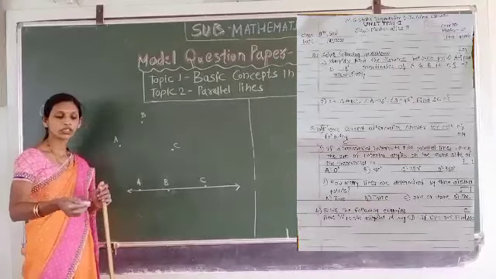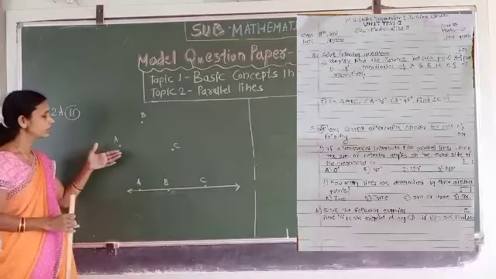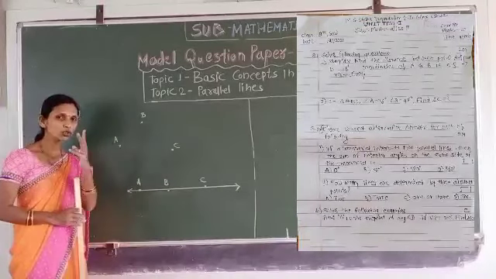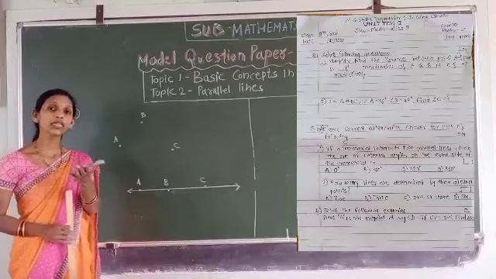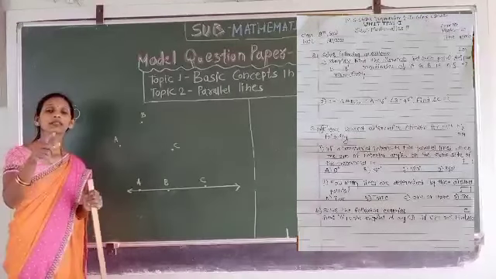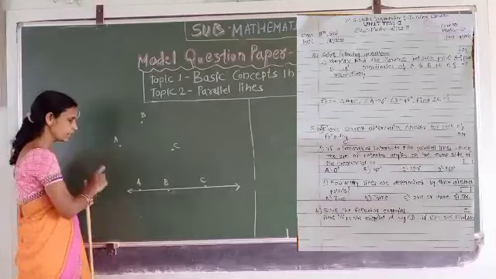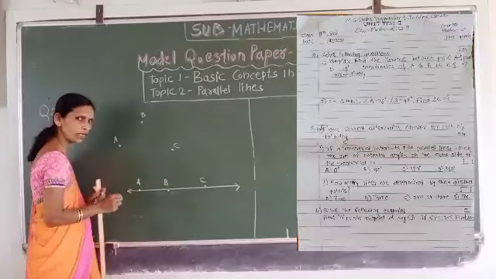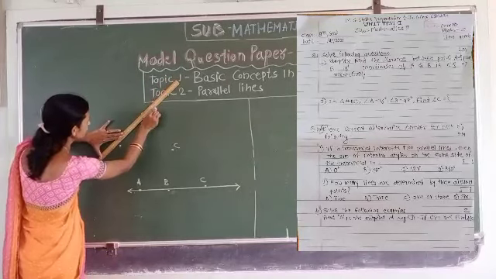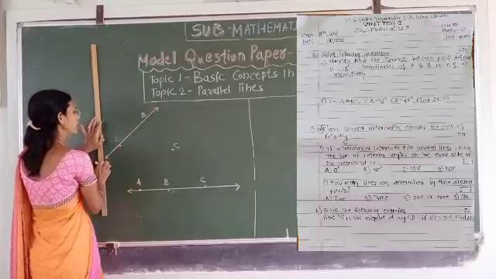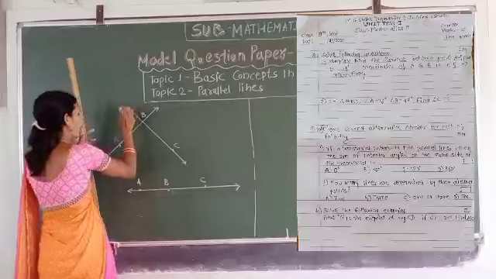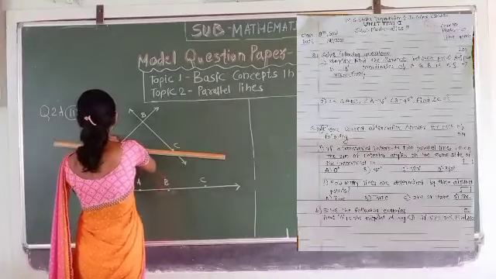Therefore, the options given here are: option A is 2, option B is 3, option C is 1 or 3, and the last option is 6. If those 3 points are collinear, then we can draw only 1 line, and if they are non-collinear, then we can draw 3 lines passing through 2 points out of the 3 points.